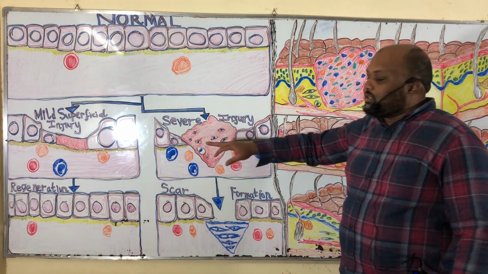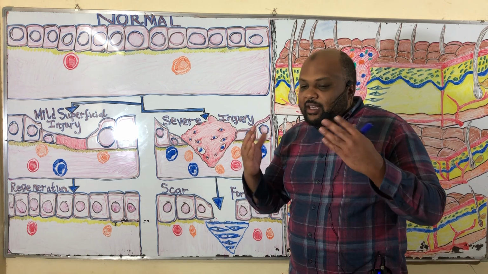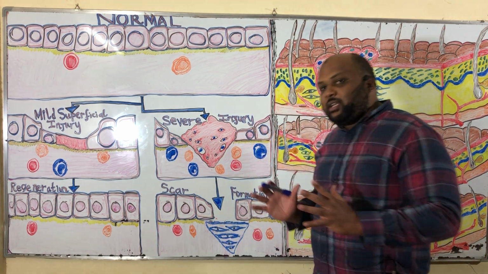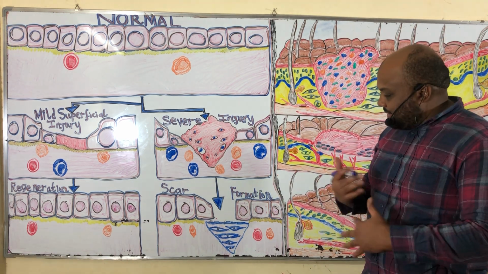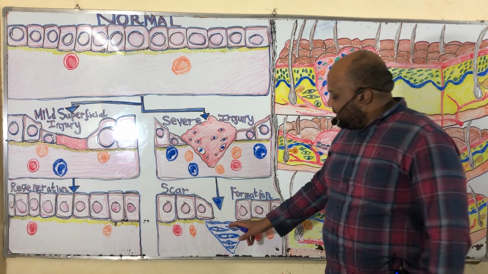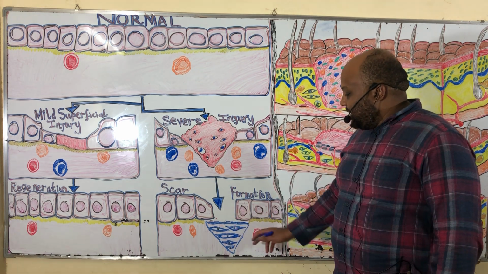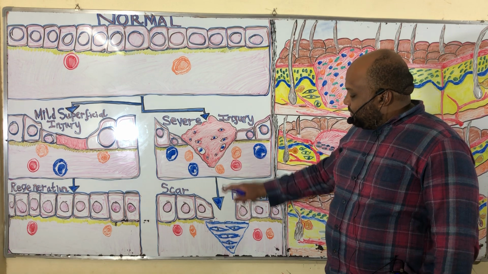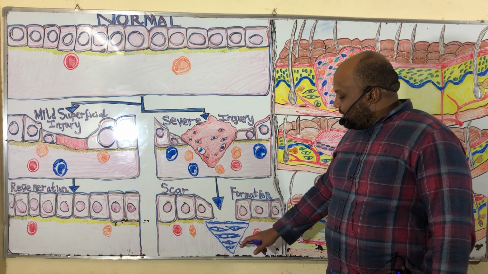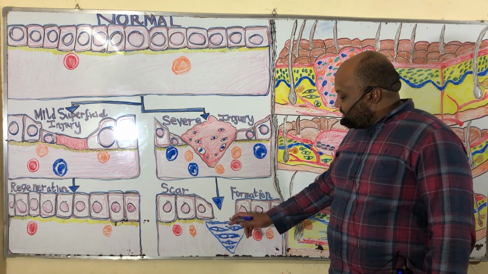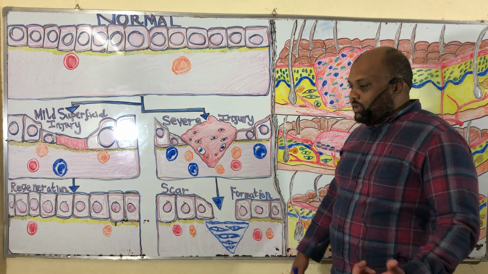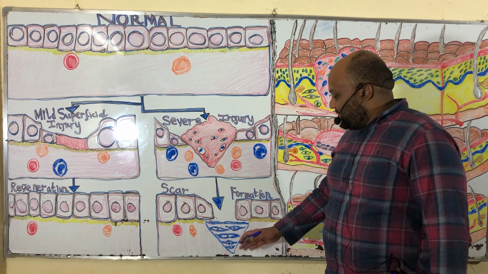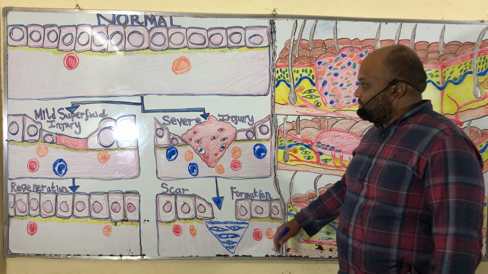These epithelial cells could participate in about 20% of the whole healing process. But the main cells that participate in the healing are the fibroblasts. They are recruited to the site of the tissue injury, and they would start to deposit collagen and scar tissue and remodel that tissue with their metalloproteases, and now we have scar formation.